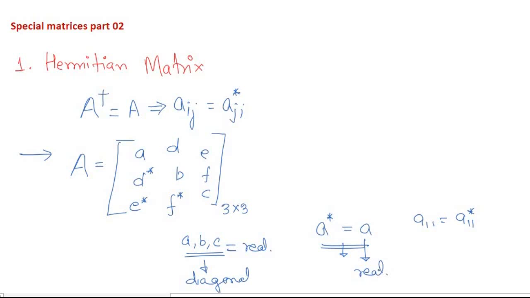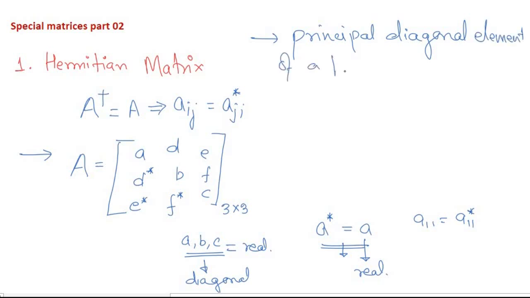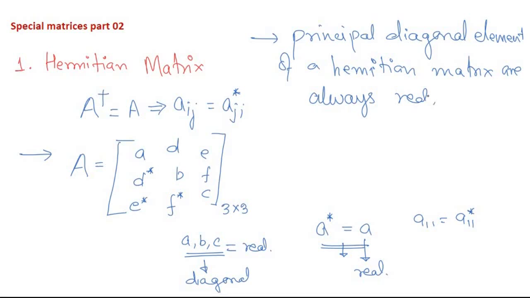So the principal diagonal elements of a Hermitian matrix are always real.